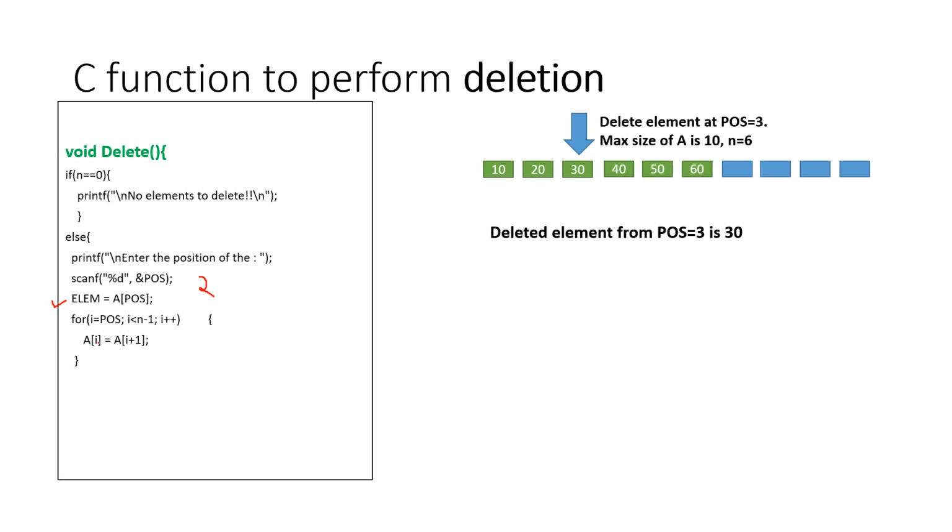The next element is to be copied to the previous place. How can you write that in C? A of i equals A of i plus 1.